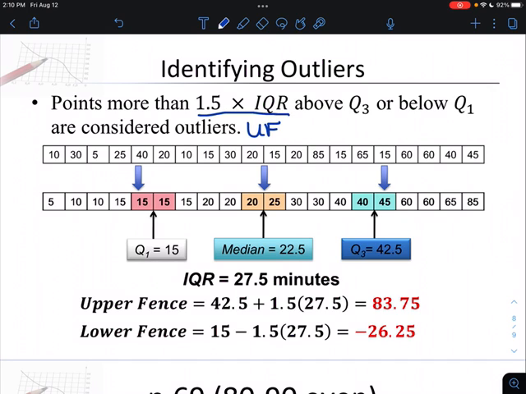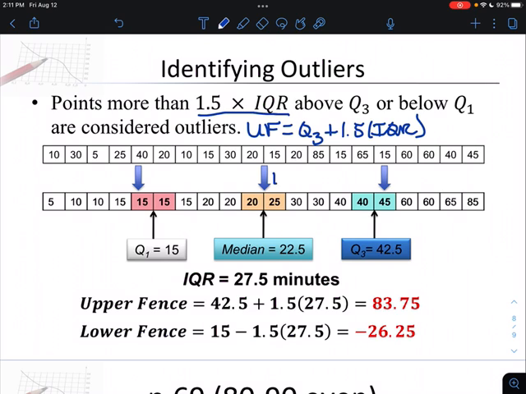So I'm going to use some abbreviations here. Upper fence is when we take Q3 and add 1.5 times the IQR. So that tells me my upper limit before a value becomes unusual, becomes an outlier.